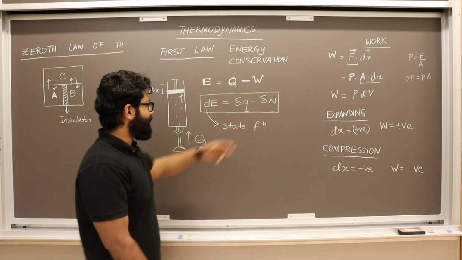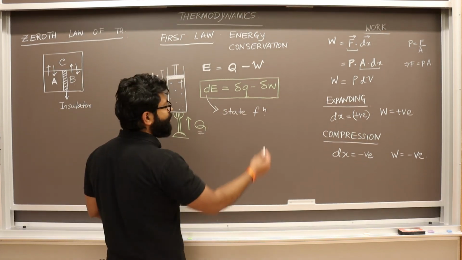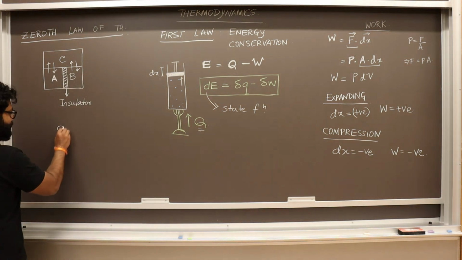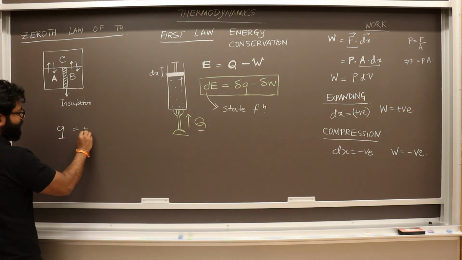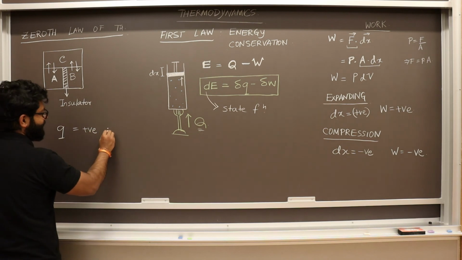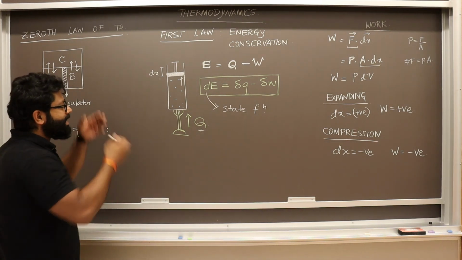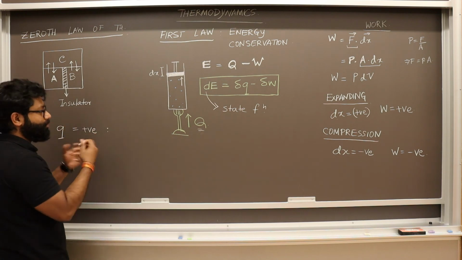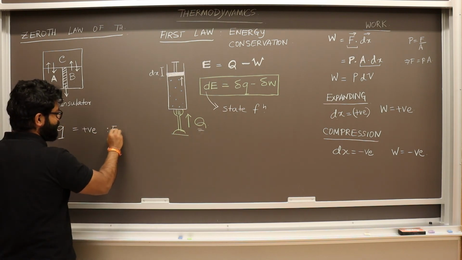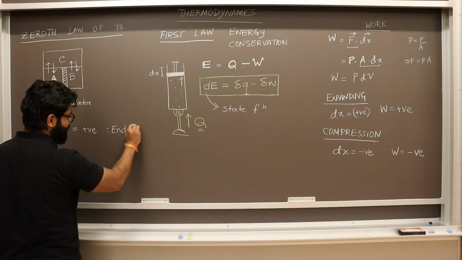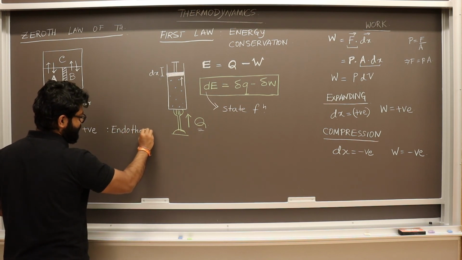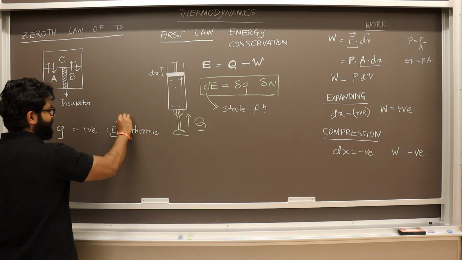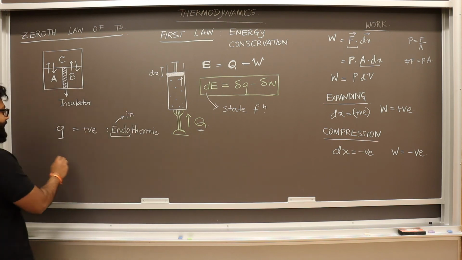That's it. Okay, Q, there is also a sign convention with the Q. When Q is a positive quantity, that means heat is getting in. So Q is positive. So this is an endothermic process, right? Endo means in. So heat is getting in.